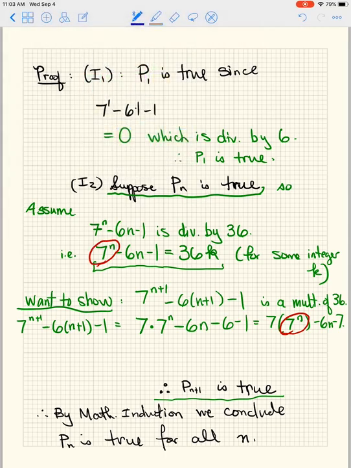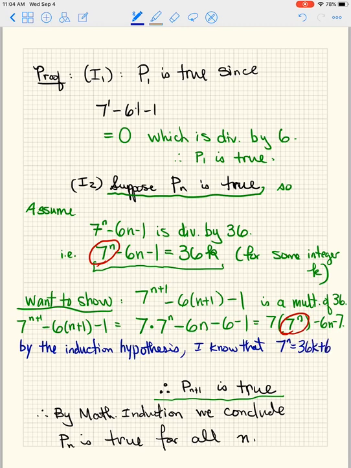And so by the induction hypothesis, I know that 7 to the n is equal to 36k plus 6n plus 1. Right? I've just solved for that up there.